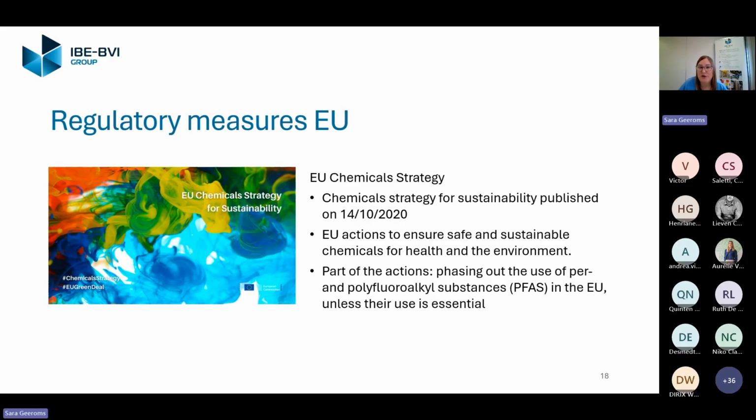Now, in the European Union, those measures are in the framework of the European Chemical Strategy. The Chemical Strategy for Sustainability was published in 2020. It covers actions to ensure safe and sustainable chemicals for health and the environment. A part of those actions is the phasing out of PFAS in the EU unless their use is essential.